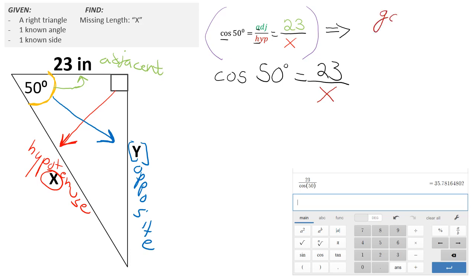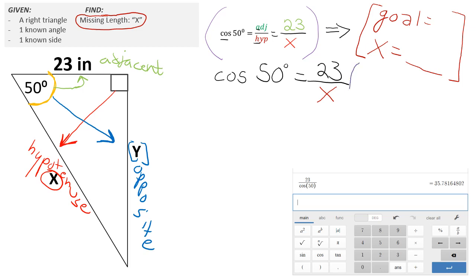So our goal here is to use algebra to isolate that x to get x equals whatever. That's my goal. What does x equal? Because they're asking us to find the missing length of x. So let's talk about this algebra a little bit. There are a couple ways that you can think about it. Remember that my goal is to isolate x. So I could do this a couple of different ways.